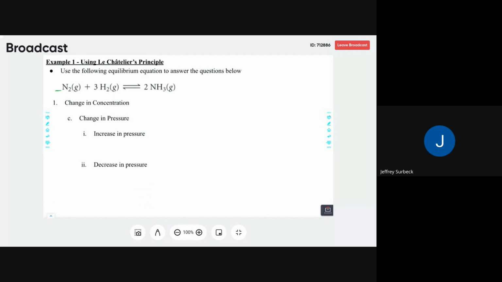There's no coefficient listed in front of N2, so we assume 1, plus 3. 1 plus 3 is what? On the left, we have 4 moles of gas. On the right, there's only one item, and it has a coefficient of 2. So how many moles of gas? 2. When we talk about pressure, we have to think in this nature.